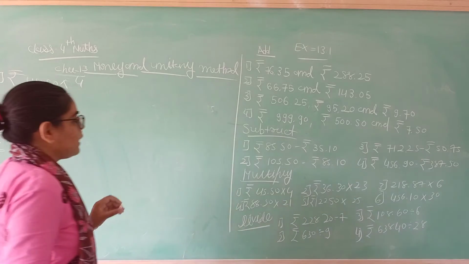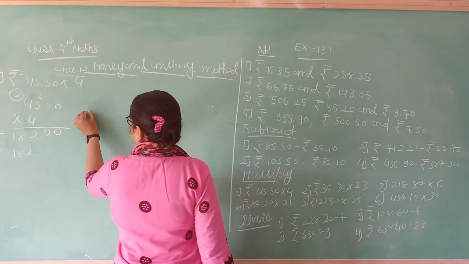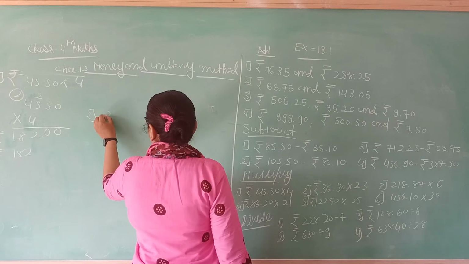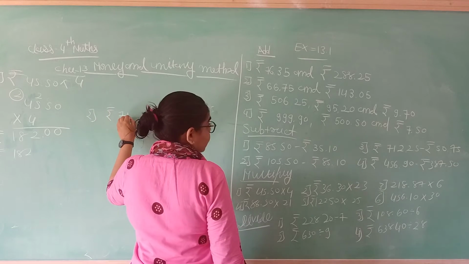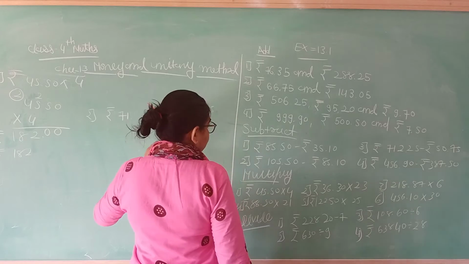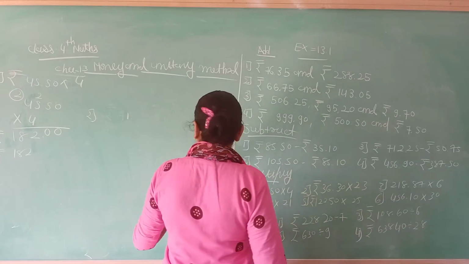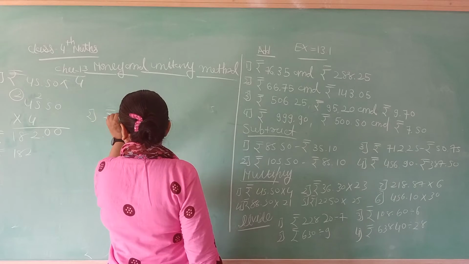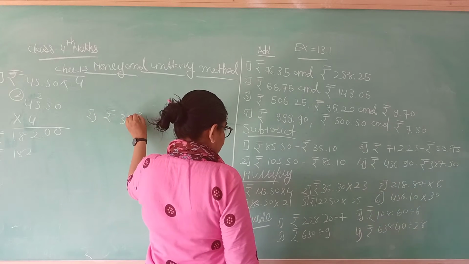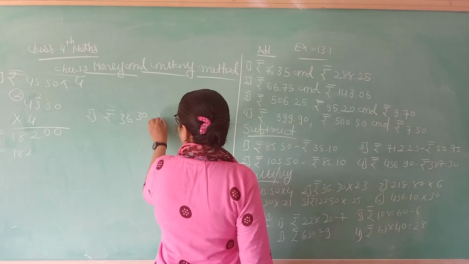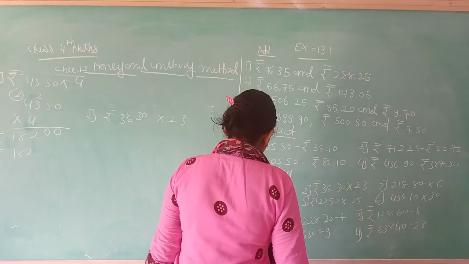Okay, then our next sum. Sorry, your second sum is rupees 36.30 into 23.